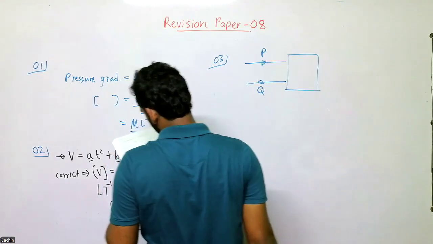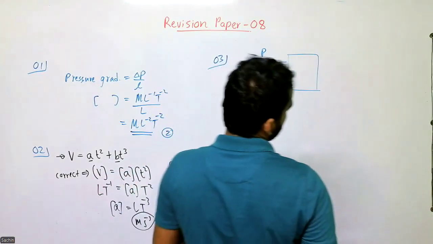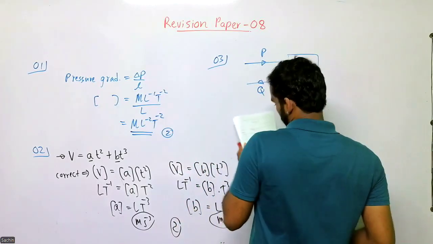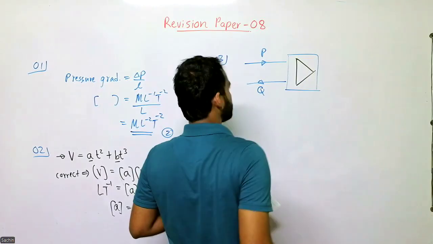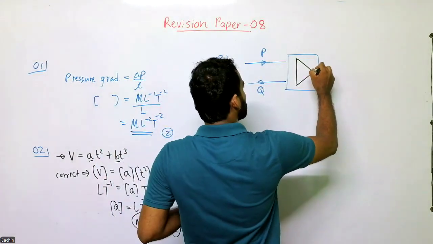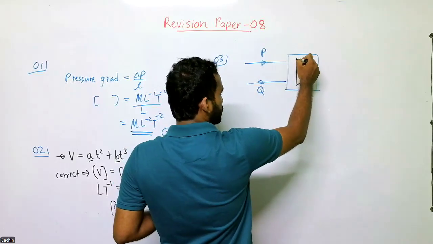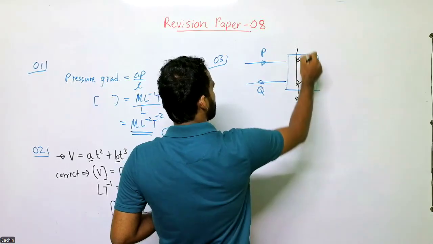P කෙනකෙනා කියලා බැදුනාම Q කෙනකෙනා එන්න ඕනේ. So what is the orientation of this prism to be kept? The orientation should be like this. මෙහෙම තිබ්බොත් තමයි ඔක වෙන්නේ. This is an isosceles right angle prism. Isosceles means these two angles should be 45 degrees each.